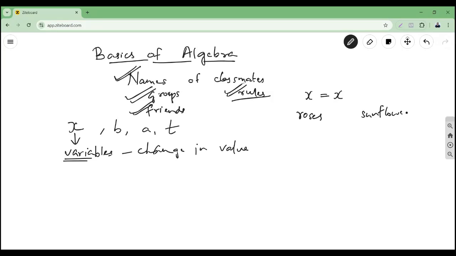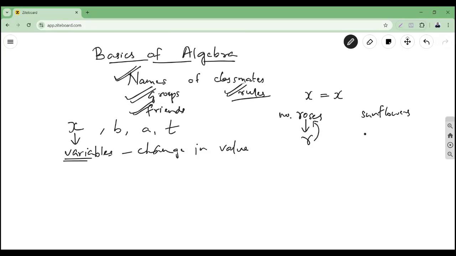If you are giving the name for number of roses, something that you don't know, say R, so that R stands for roses, you cannot give R as number for sunflowers also, because it might be same, it might not be same. When a particular thing is given, like R means the definition is number of roses. It cannot mean number of sunflowers. That's not possible. So when you're using variables, you have to know that they represent something which is different.